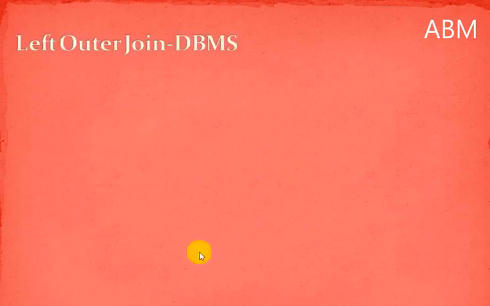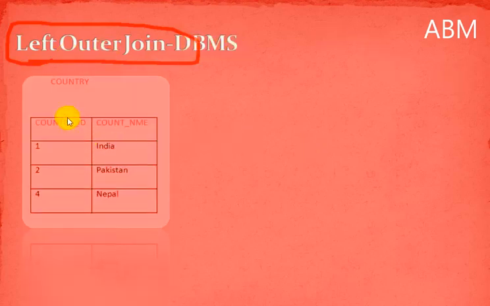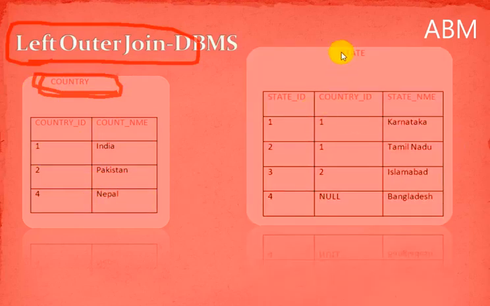Okay, so the outer joins: one is the left outer join. It actually takes the data from the second table, the right table, according to the left table. We have one table with the name country, and it has some data, and the second table is the state.